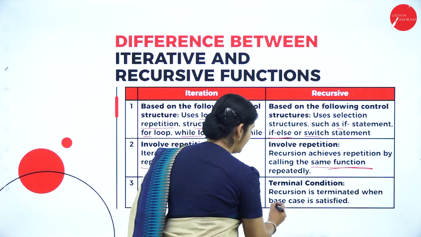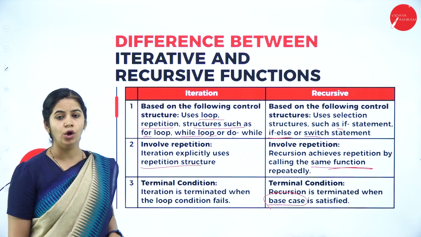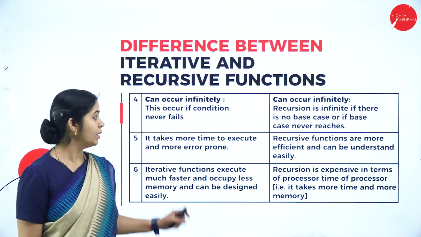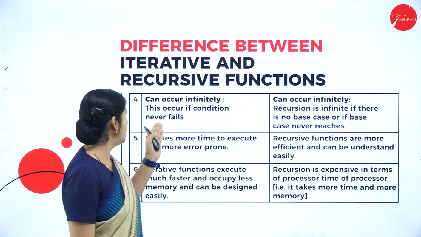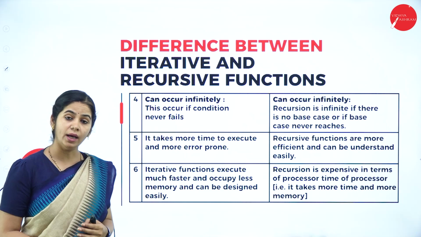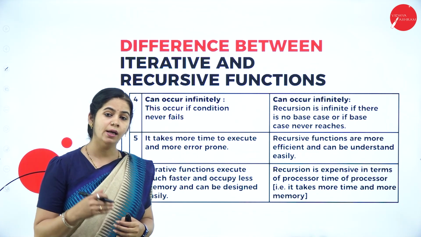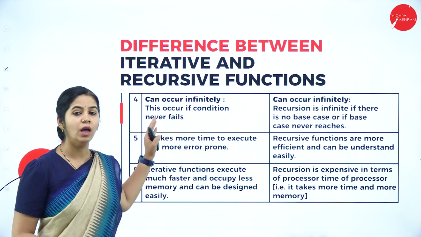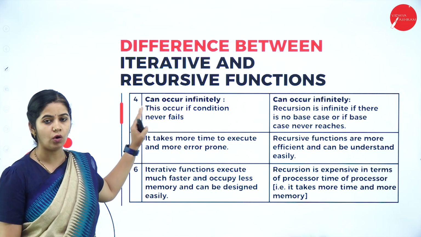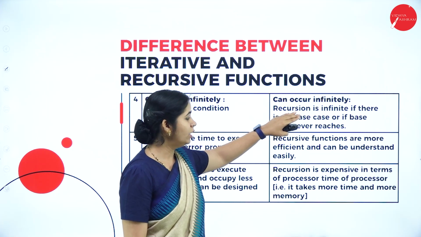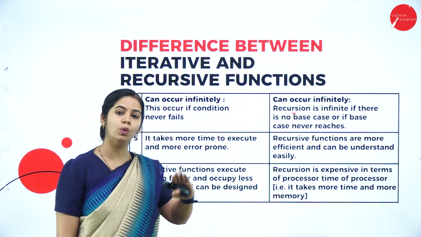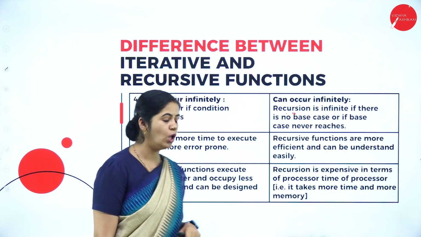Here it is mandatory to have a base case to terminate the recursion. An infinite loop will occur if the control condition never fails, and in recursion, if you don't have a base case, it will enter into an infinite loop.